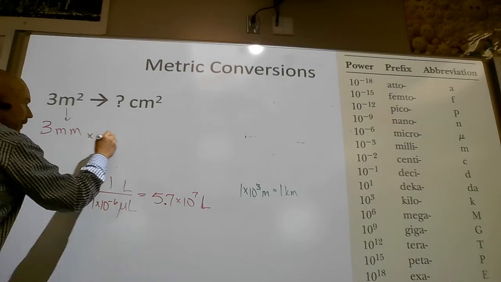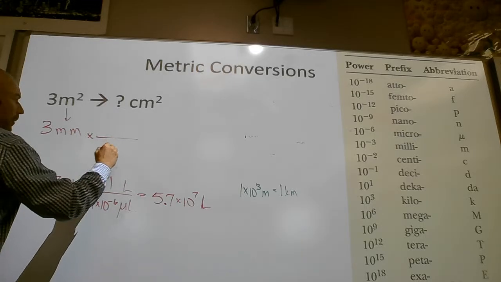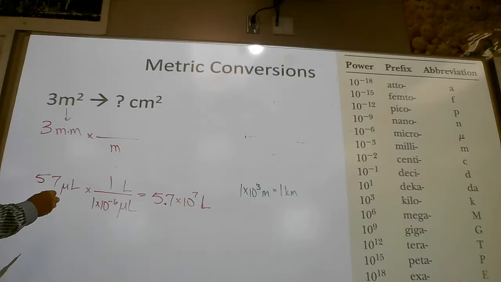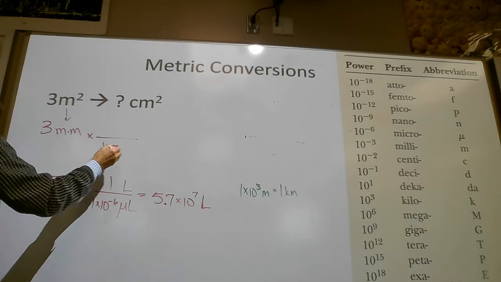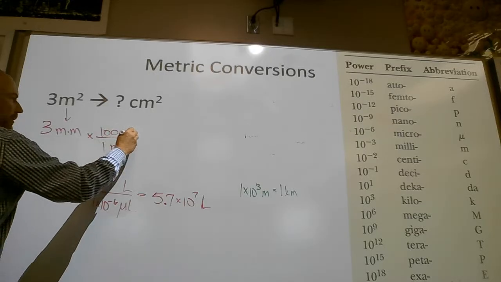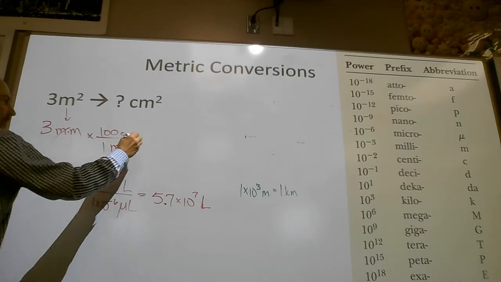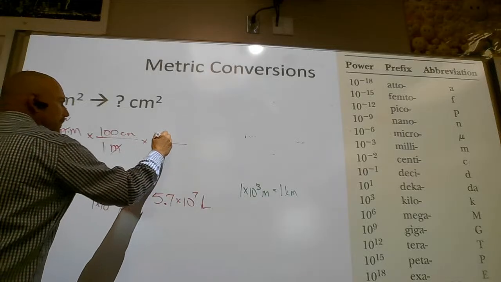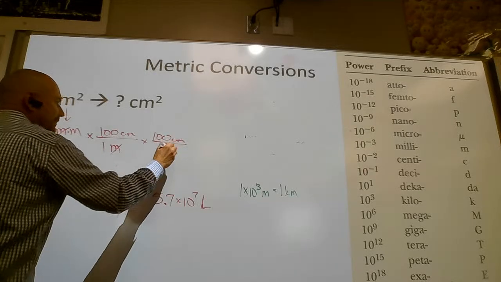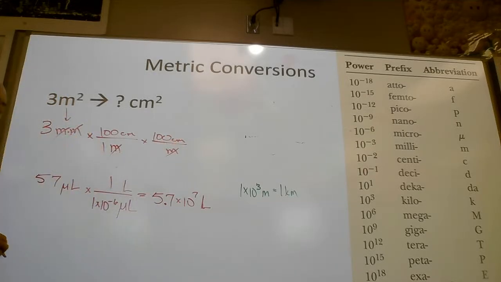So you're going to convert, sorry, that's a meter times a meter, not millimeters. 1 meter is 100 centimeters. That takes care of one of those. You do that twice to get squared centimeters. So 3 times 100 times 100. Good there?